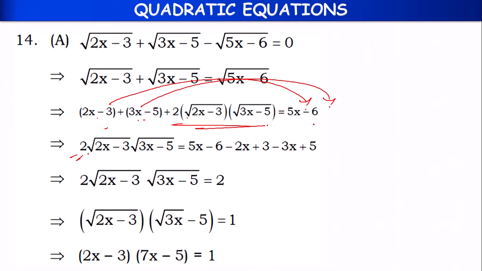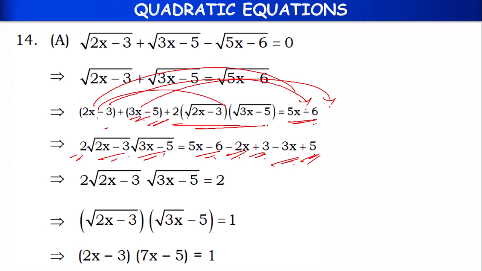So 2 into root of 2x minus 3 into root of 3x minus 5 will remain. On the RHS, already we have 5x minus 6. Plus 2x will become minus 2x, minus 3 will become plus 3, plus 3x will become minus 3x, and minus 5 will become plus 5. Like this, we can take all the terms which are not under the root to the right hand side.